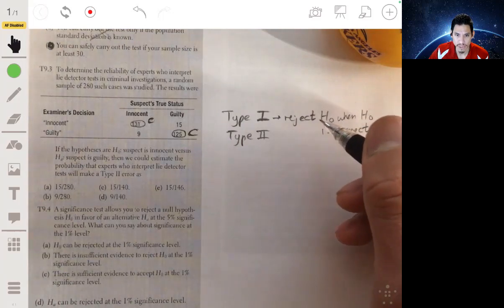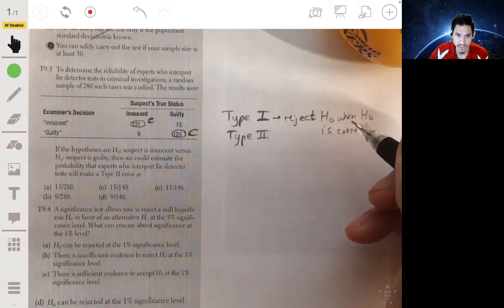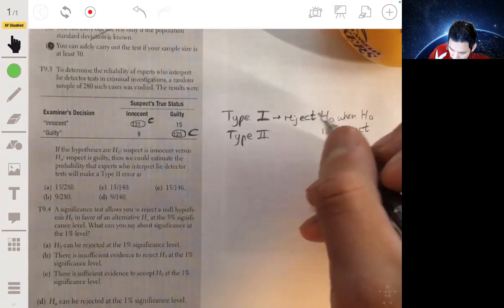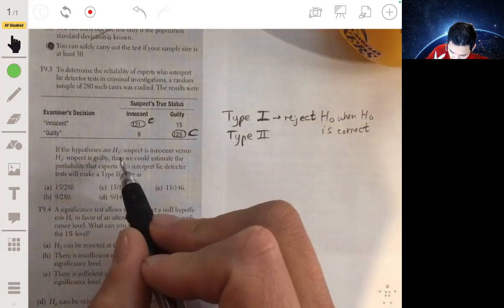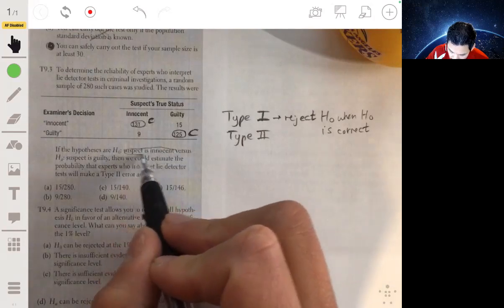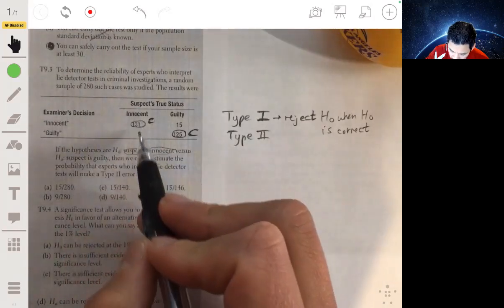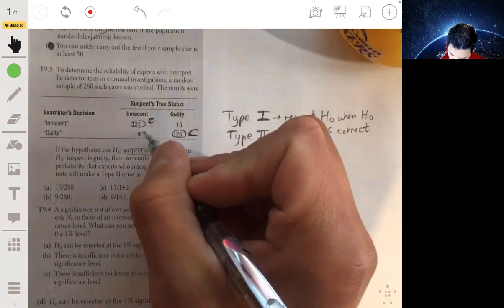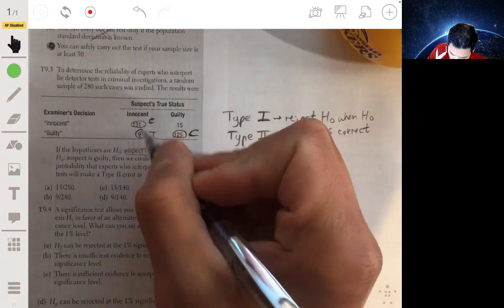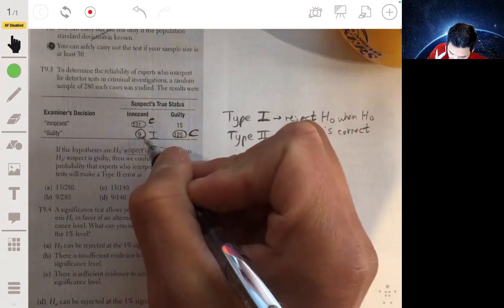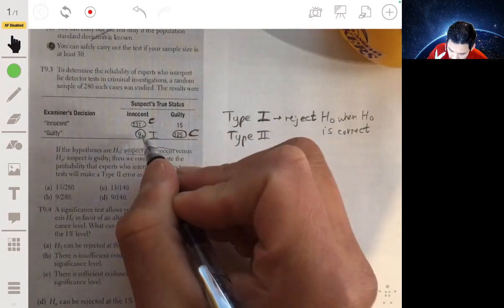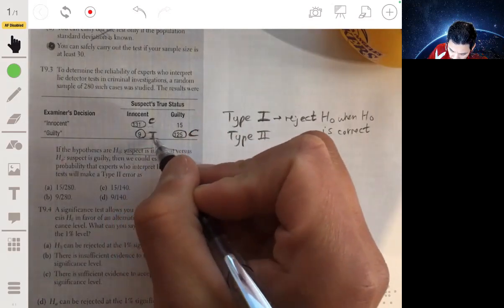So you reject H0 when H0 is correct, you made a type 1 error. Based on what we're told here, that the suspect is innocent, if they're innocent, they're going to be here. So this is a type 1 error because they're innocent, but you reject it. You said they're guilty when they're not. You made a mistake.